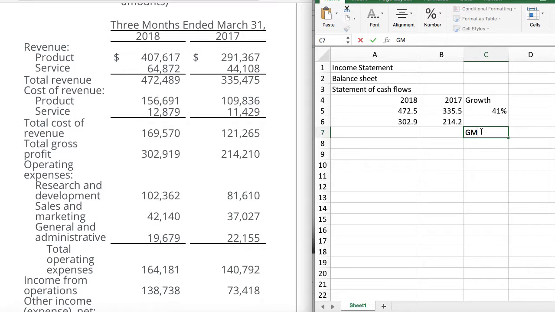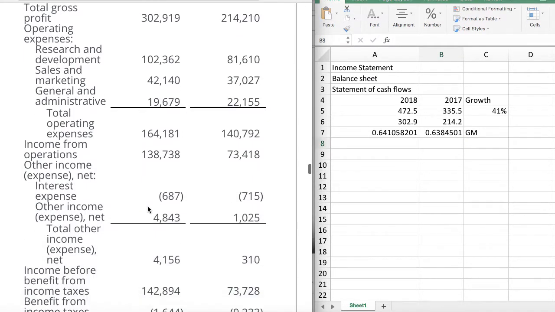So let's do gross margin here. If you just do this divided by the revenue, because gross profit divided by revenue is the gross margin, we have 64% gross margin. We can see gross margin increased a little bit, which is good because you want to see the trends of things. You want to see things going up most of the time.